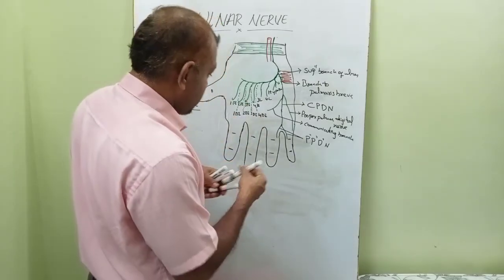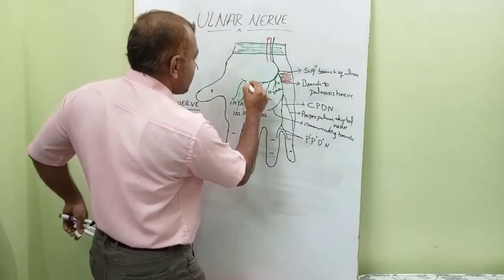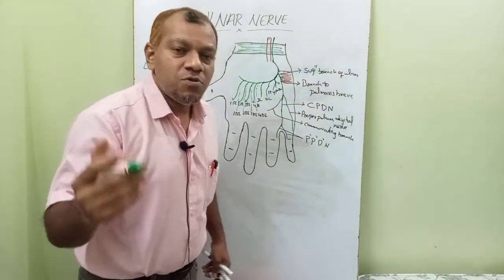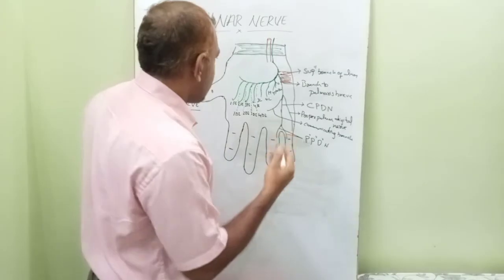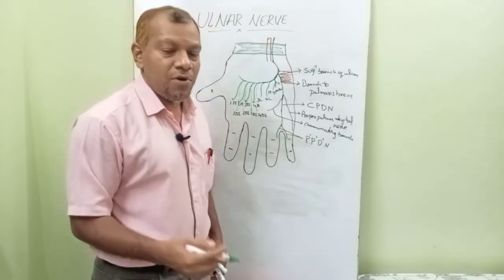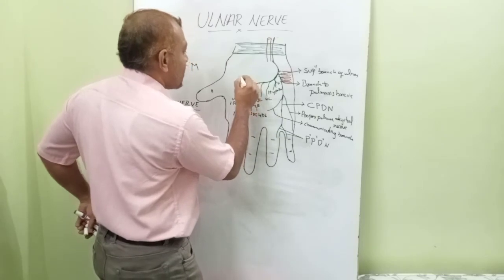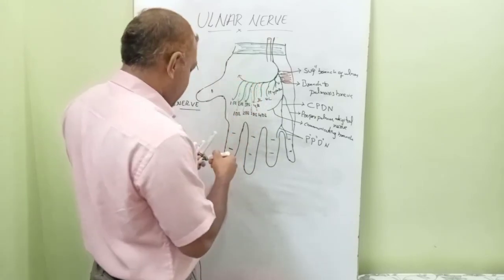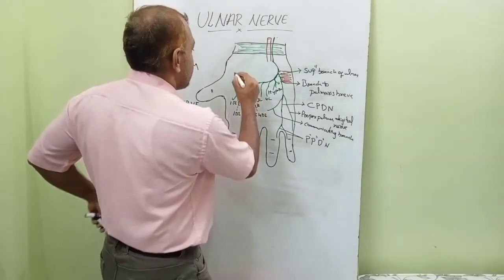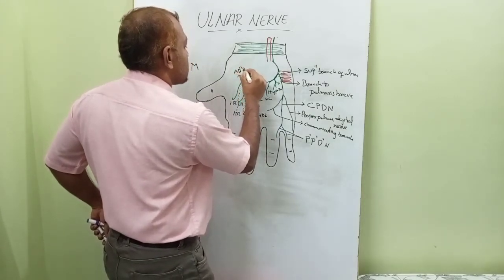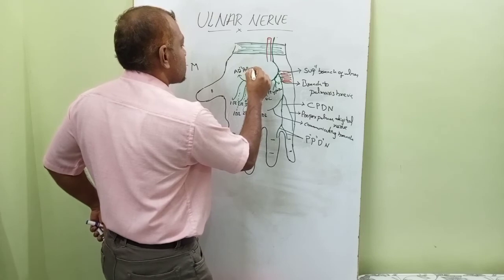Then further, it runs laterally and enters the thenar eminence. Deep to the three thenar muscles, there is another muscle called adductor pollicis. So this deep branch of the ulnar nerve supplies the adductor pollicis as well. You write down here, adductor pollicis.